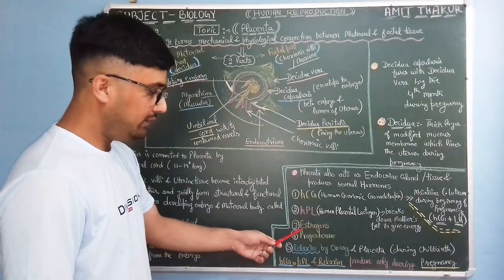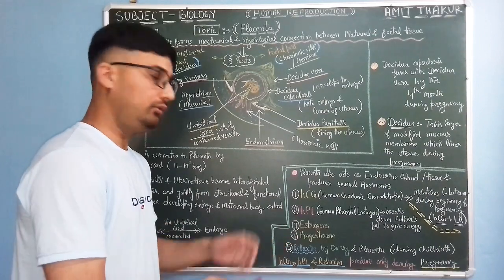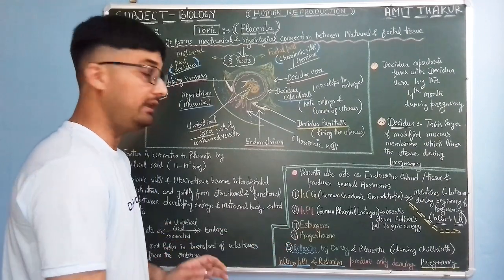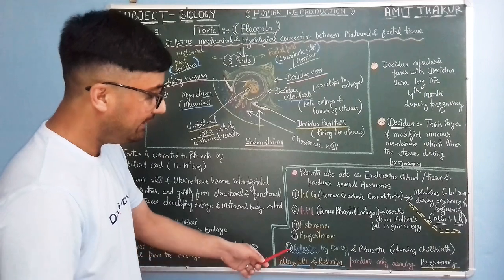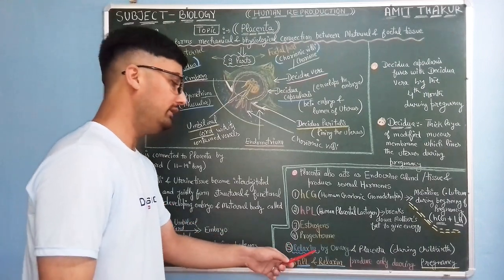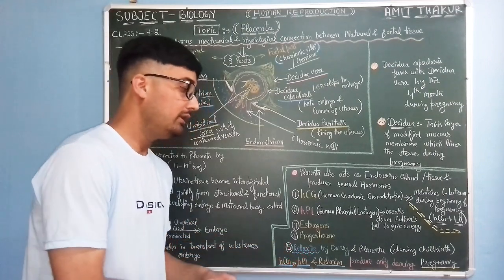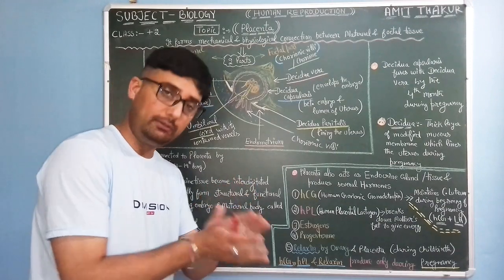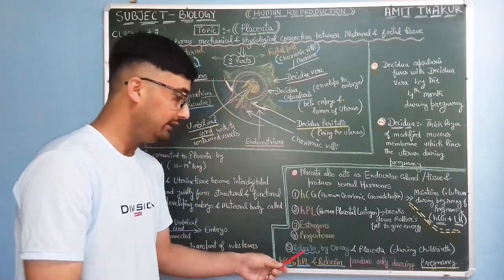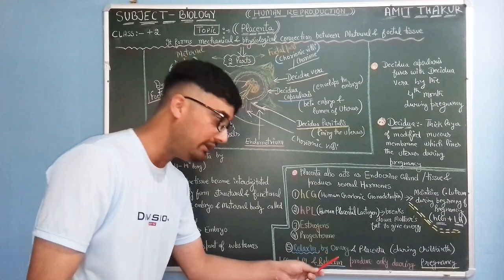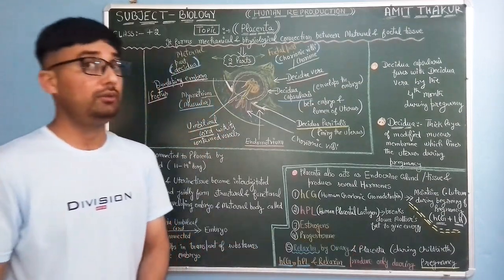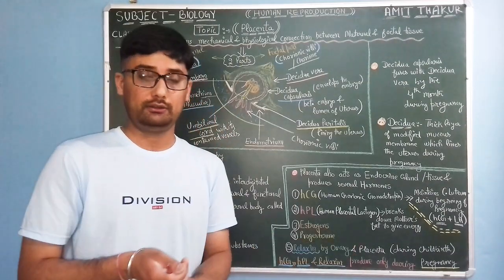Estrogen and progesterone are also, to some extent, released by the placenta as well as the ovary. And relaxin hormone is produced by the ovary as well as the placenta during childbirth.